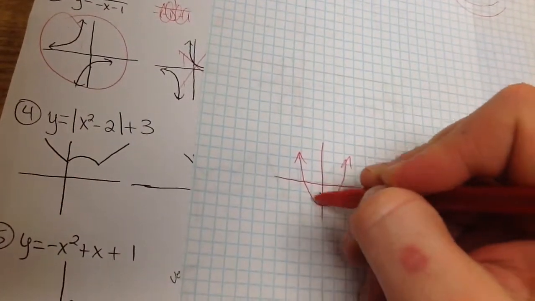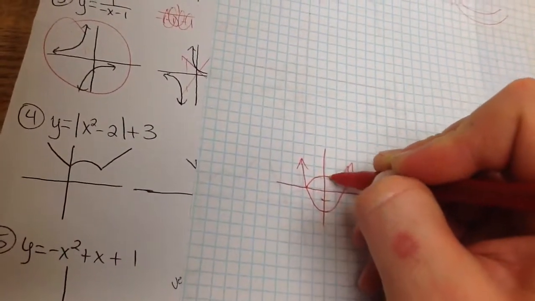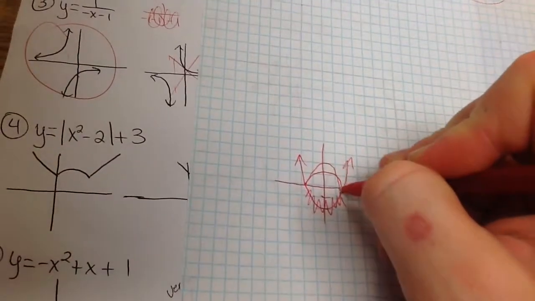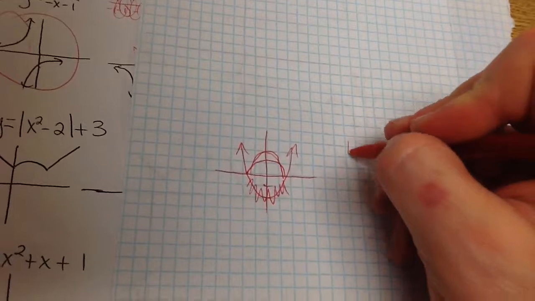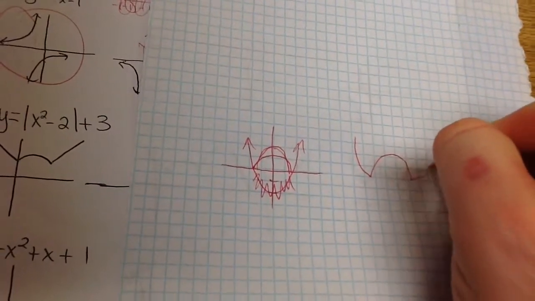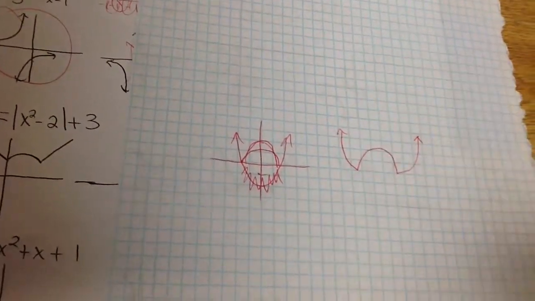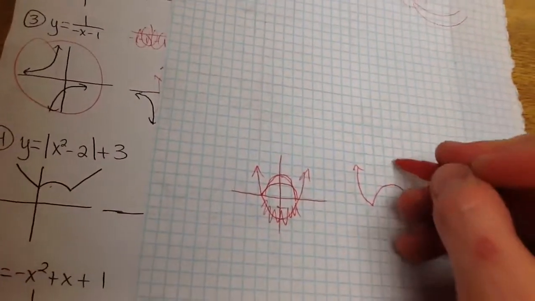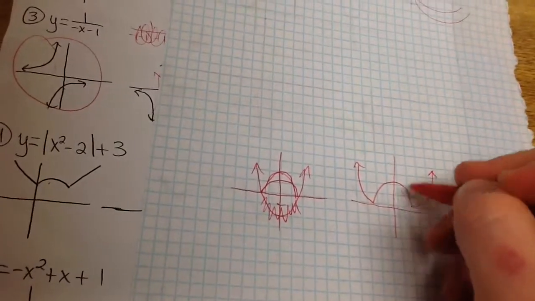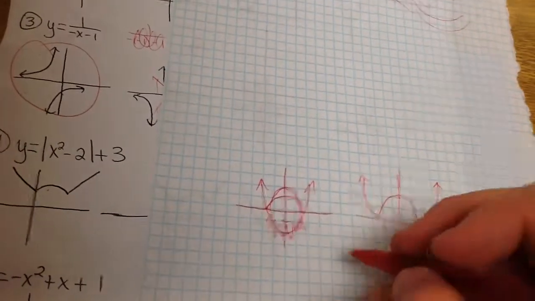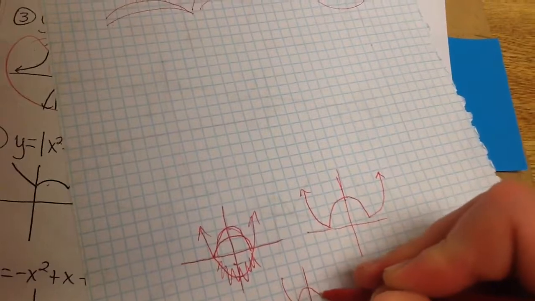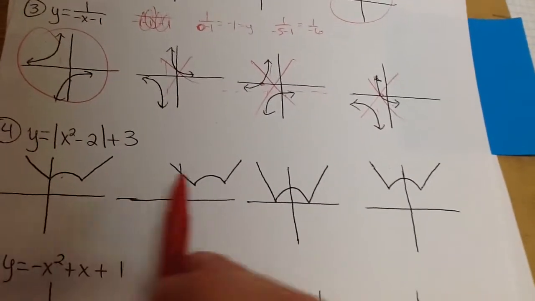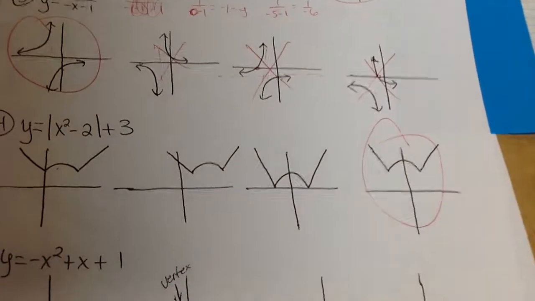So everything down here that was negative now gets flipped up and becomes positive. Oops, that should have gone higher. Doesn't matter. I'm just getting the general shape, so it's going to go like that, almost like the Wu-Tang Clan symbol. And so there's that. Now it gets shifted up 3, so that whole thing just moves up 3, so it'll be something to that effect. So there it is.